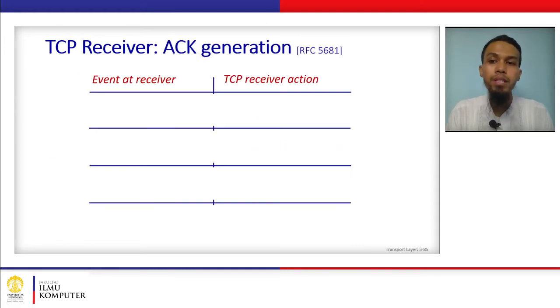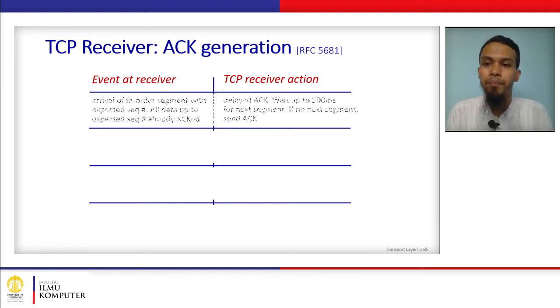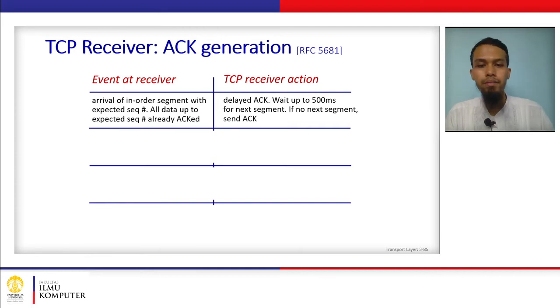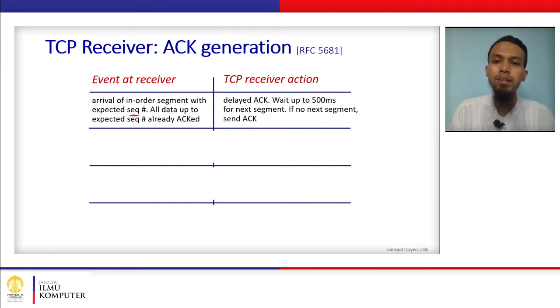Now, at the receiving side, there are basically four events. The first one is the ideal case: arrival of an in-order segment with the expected sequence number, where all data up to the expected sequence number is already ACKed.